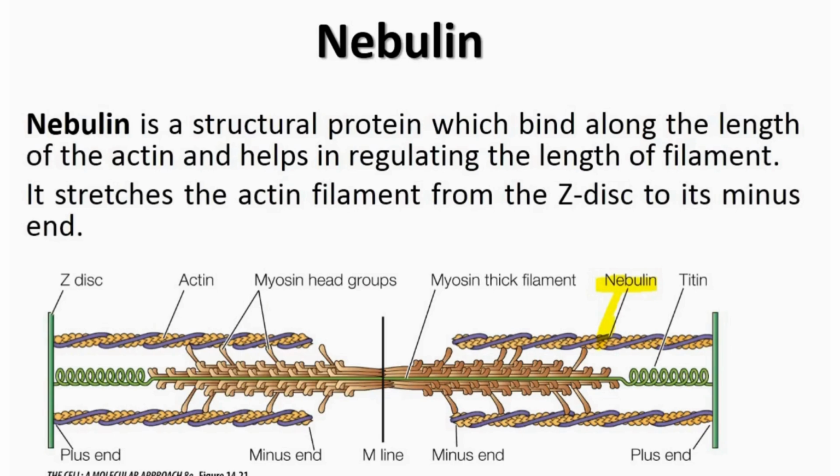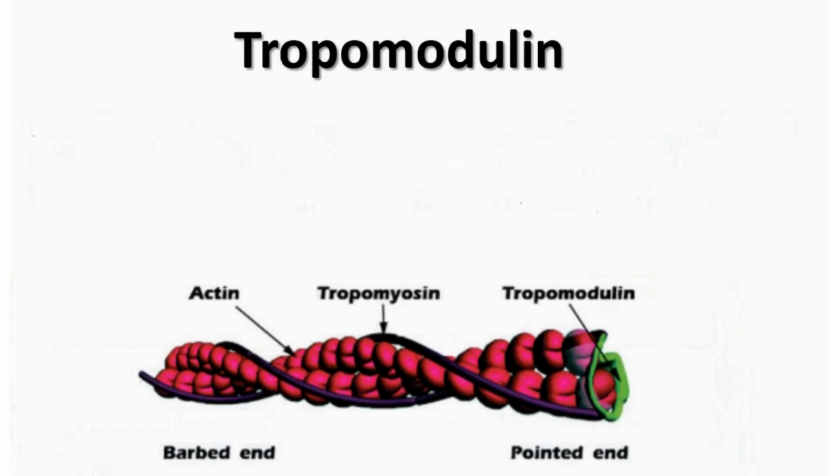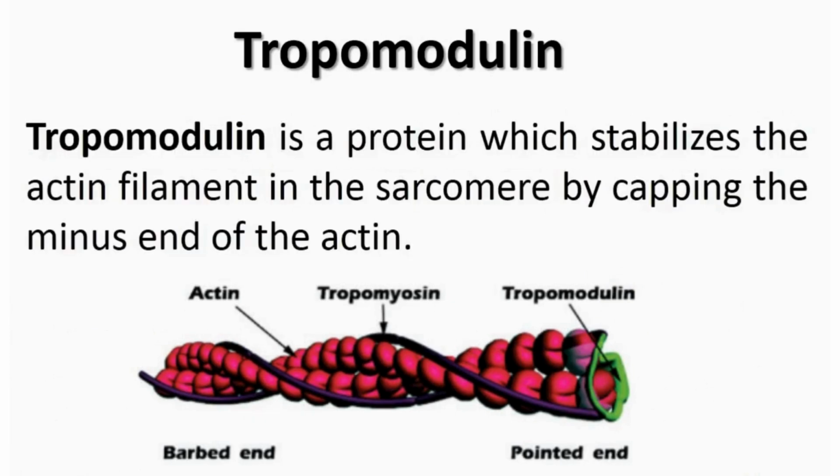It stretches the actin filament from the ends, that is your Z bands, to the minus end. Minus end is of course towards the M line. Tropomodulin. Tropomodulin is a protein which stabilizes the actin filament in the sarcomere by capping the minus end of the actin.